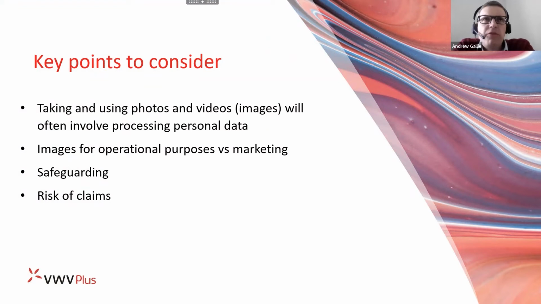There's a misconception which we see sometimes: schools will say to us, if somebody's face is obscured, or if it just shows the back of their head, that's not personal data, we don't need to worry about data protection. Well, that's not usually the case, because in the vast majority of cases the individual will be identifiable. People will know who they are, even if their face wasn't visible to camera. So just have that in mind.